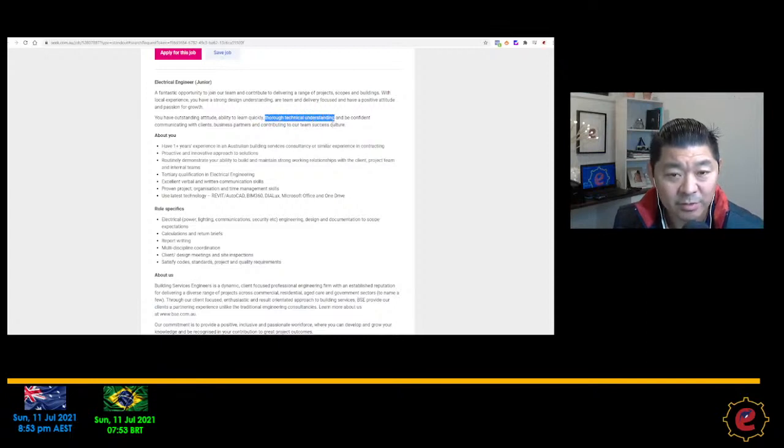This is pretty much your hard skills. You need to be able to demonstrate that you are good in electrical engineering. So you see that just in 2 paragraphs, there are a lot of things that you need to pay attention to and you need to include in your CV and in your cover letter.